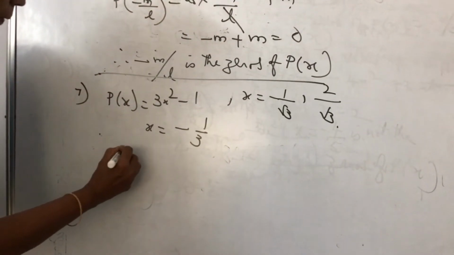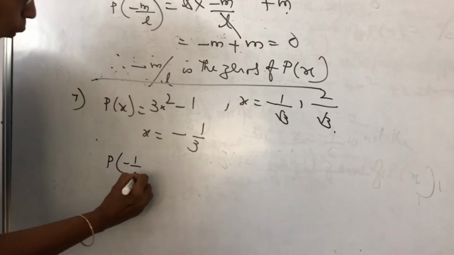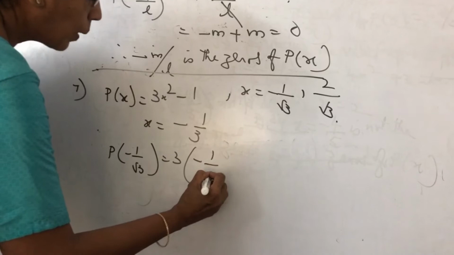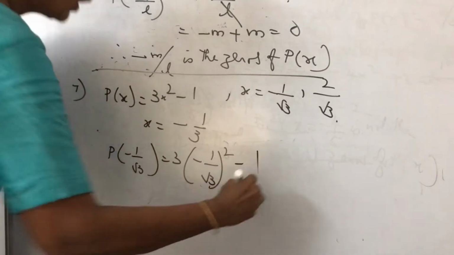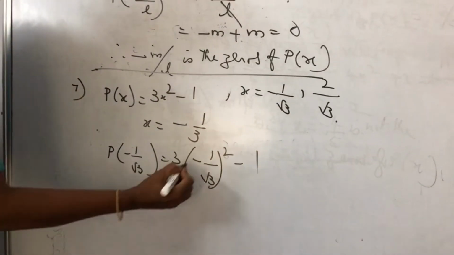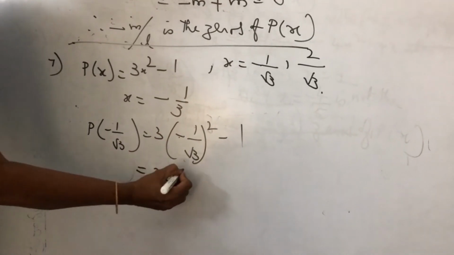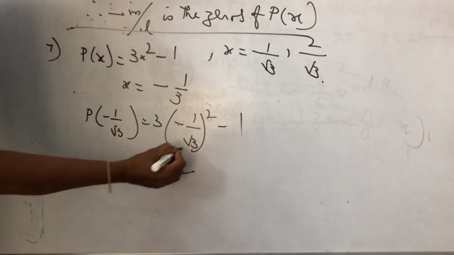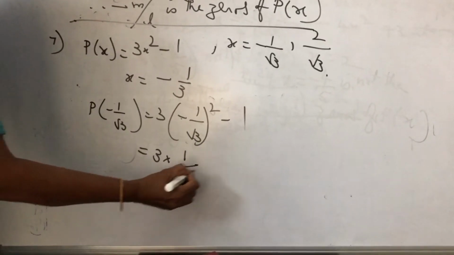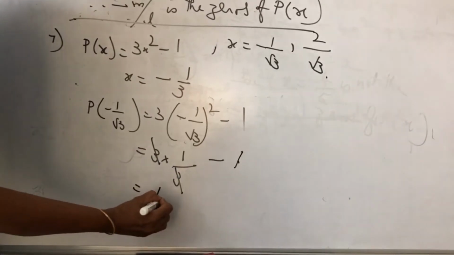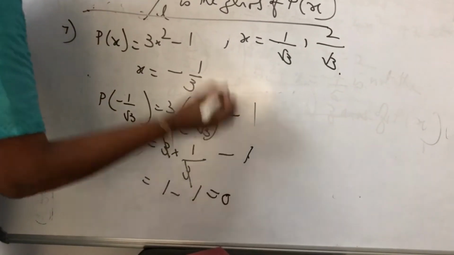In the place of x, put minus 1 by root 3. 3 into minus 1 by root 3 the whole square minus 1. Squaring, children: minus into minus is plus, 1 into 1 is 1, root 3 into root 3 is 3. 3 and 3 will get cancelled. 1 minus 1 is equal to 0.